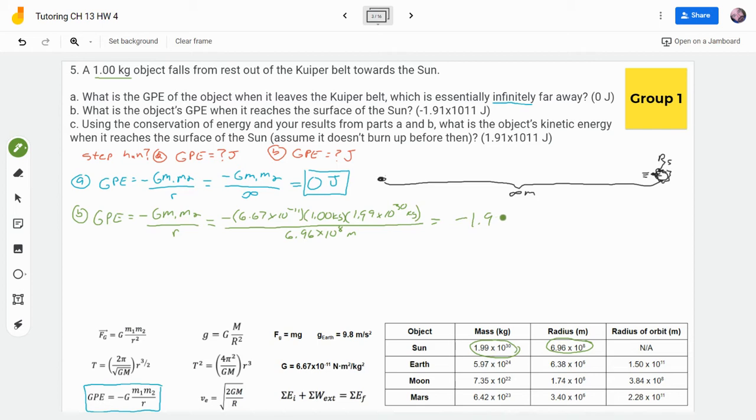I'll keep an extra digit here. 1.90708. Okay, so I'll leave it there. Times 10 to the 11th. And what are the units of this? Well, it's GPE, it's energy. So it's joules. So that's our GPE. So, yeah, there you go. And that matches the answer we got there.